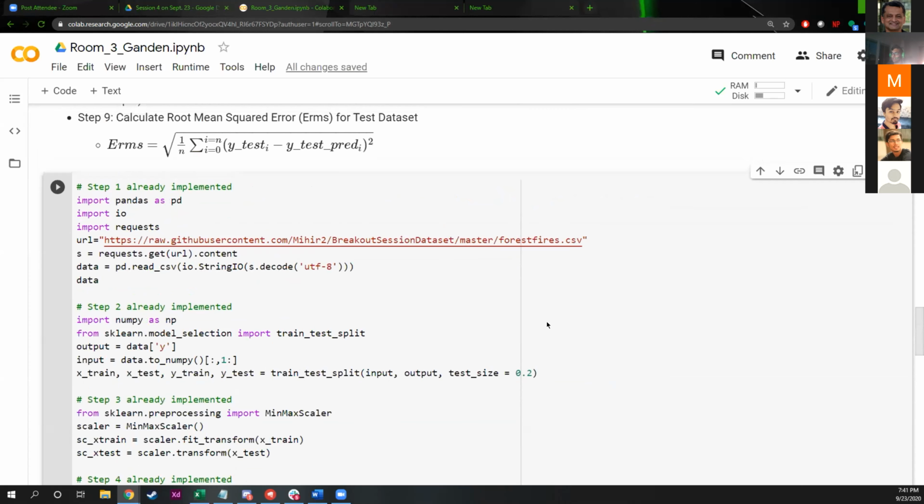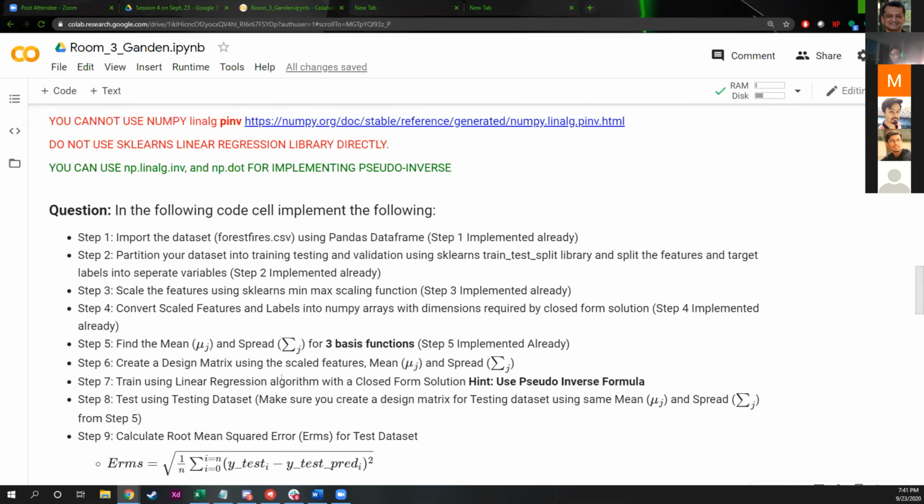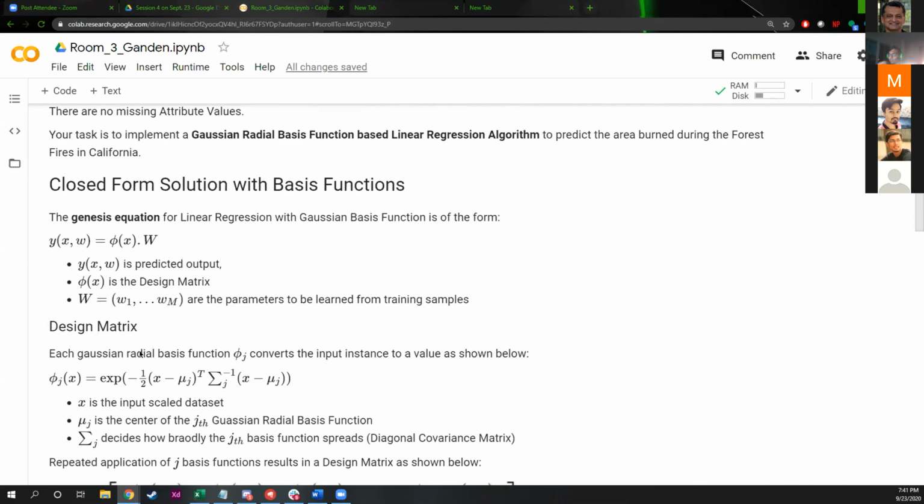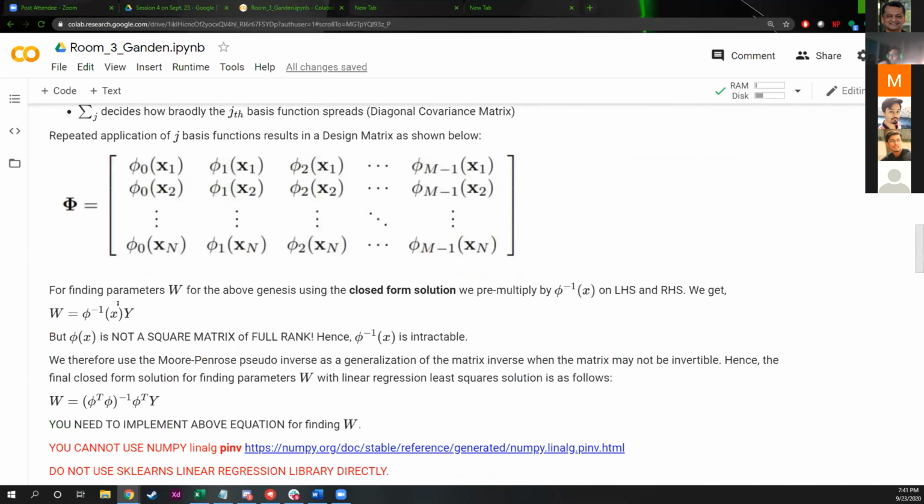So that's going to be called closed form solution, right? Since they have written np dot, we are using dot product over here. These two, right? That's a dot product, right?